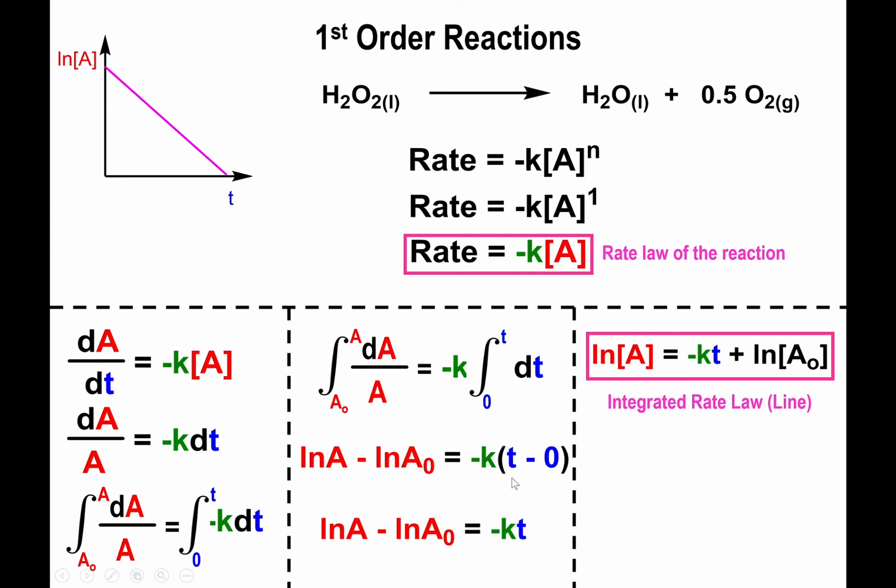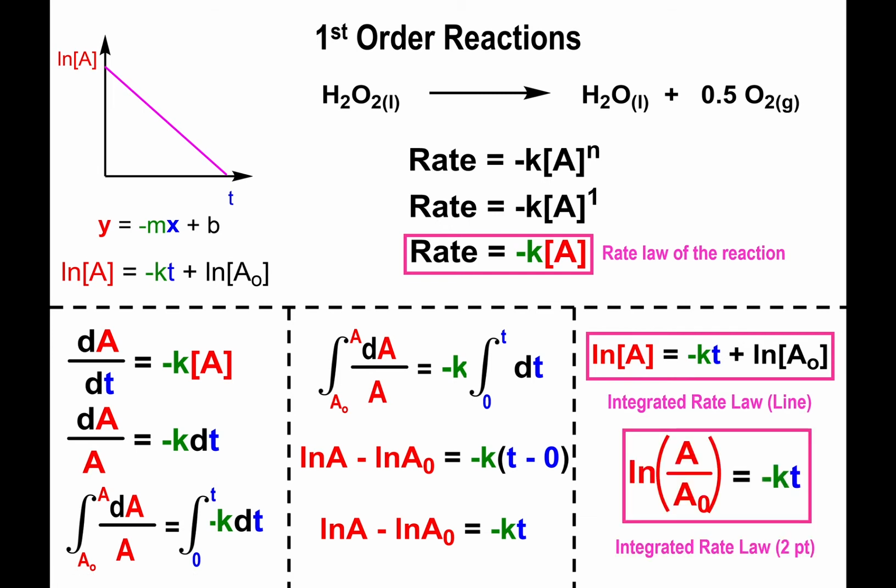Another way in which you can see this equation comes in the form of the combination of logs, because the ln of A minus the ln of A naught can be put together as the natural log of final concentration over initial. Remember that subtracting logs is the same thing as dividing the insides of the logs.